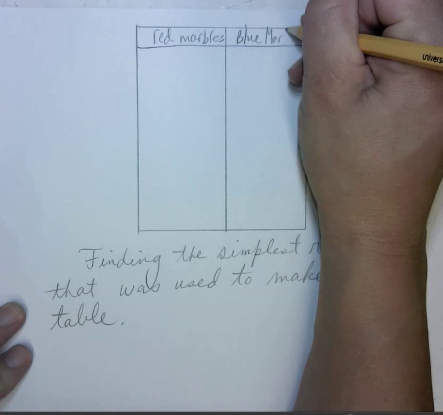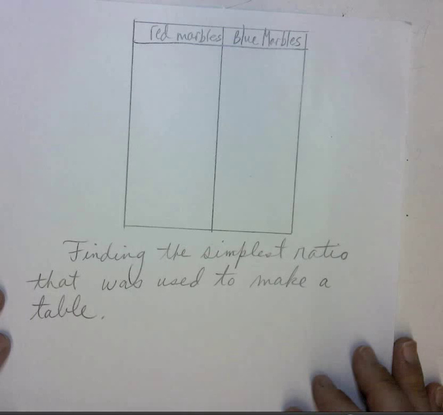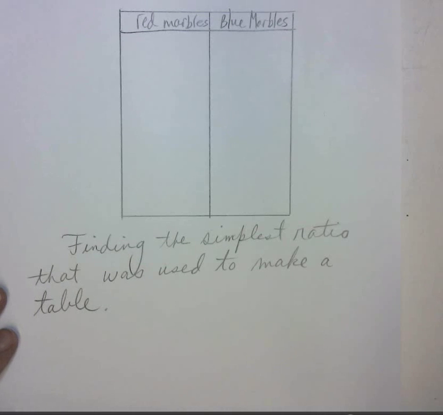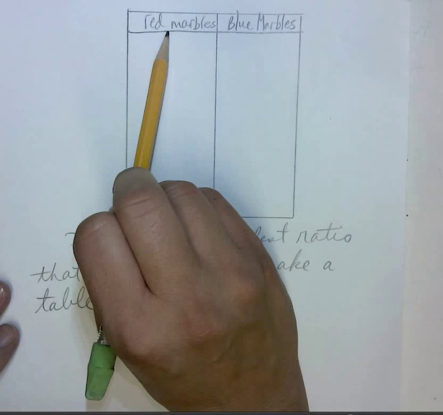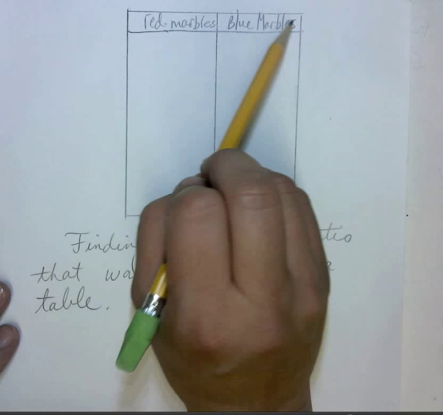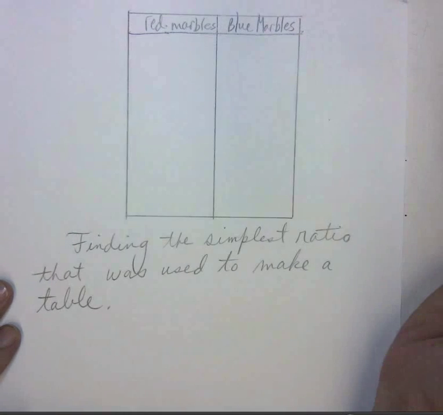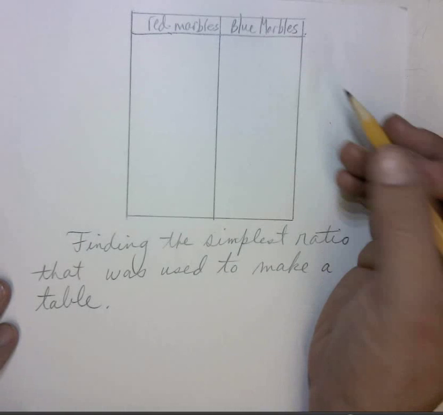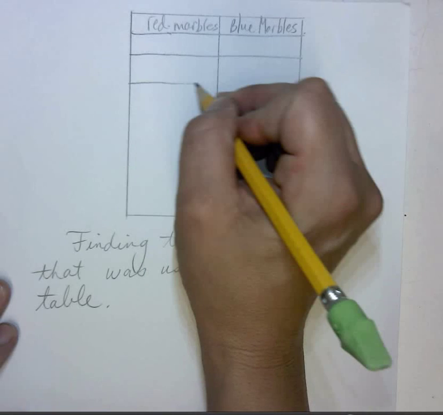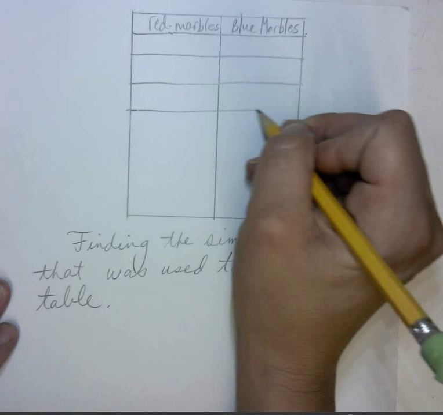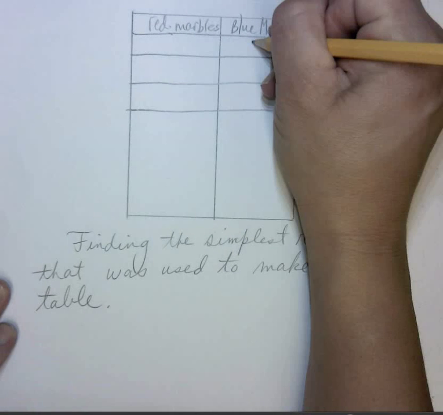You know that the red is going to be written first because it comes first in the table, so it's red to blue, right? I would say something like the ratio of red marbles to blue marbles is 6 to 30.